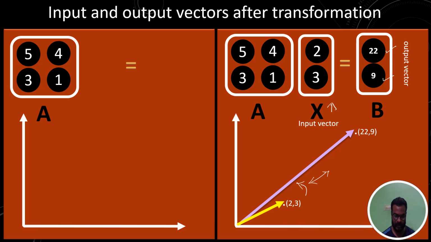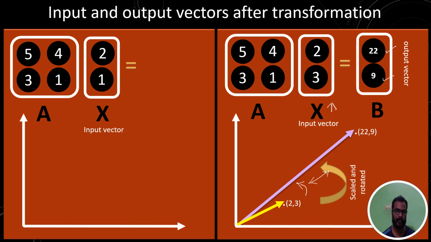Let us see one more example with another input. This vector has been scaled and rotated. Now I am taking one more input vector with the same matrix, and if you draw this vector in a graphical manner like this, you will get a vector. Next, if you multiply these two, again you will get a 2 by 1 matrix.